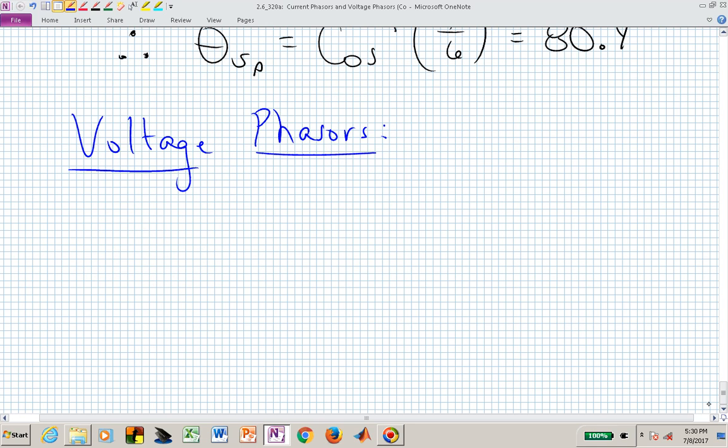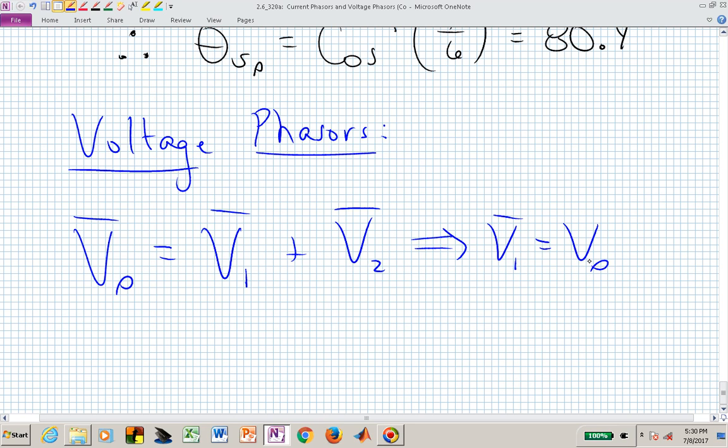I now have the source voltage phasor is V1 plus V sub 2 phasor-wise, so that V1 is now V sub S minus V sub 2.